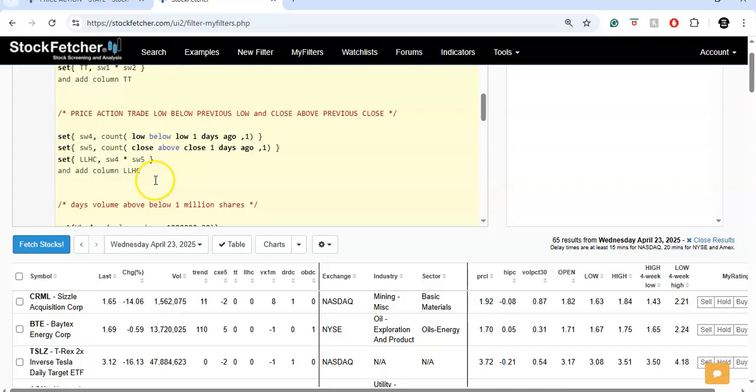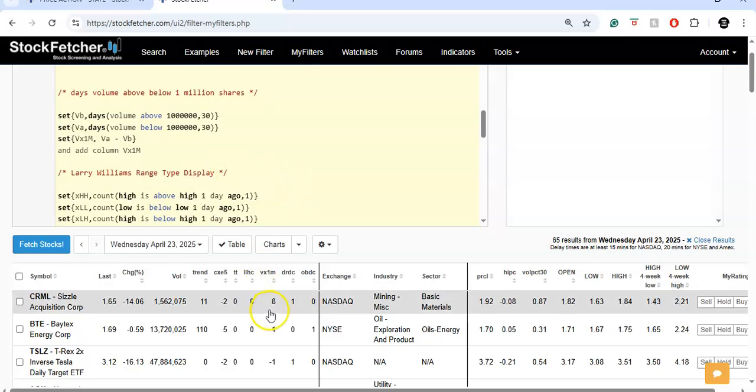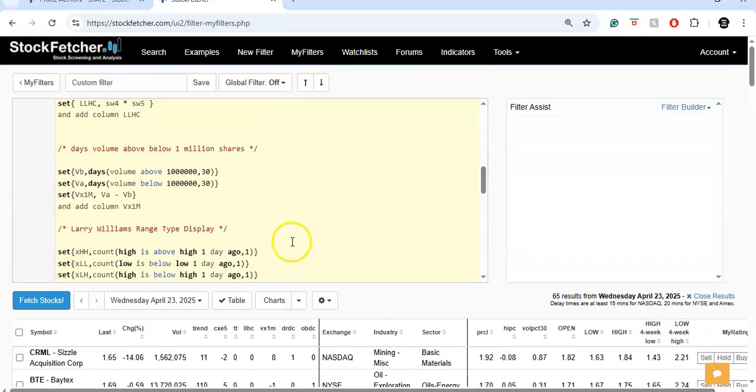The next one is the price action. You have a lower low and a higher close. And then I want to see how many days price has been above or below a million. And so you see this particular stock, 8 days, it's been above a million shares.